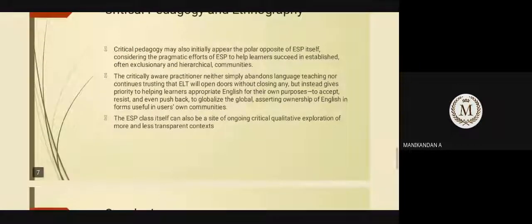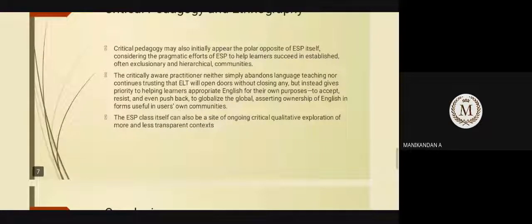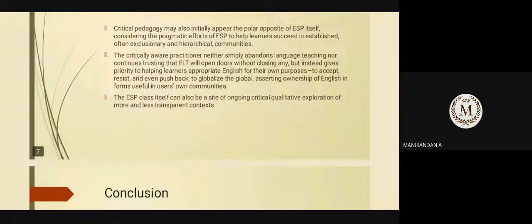So the ESP class itself can also be a site of ongoing critical qualitative exploration of a more or less transparent context.